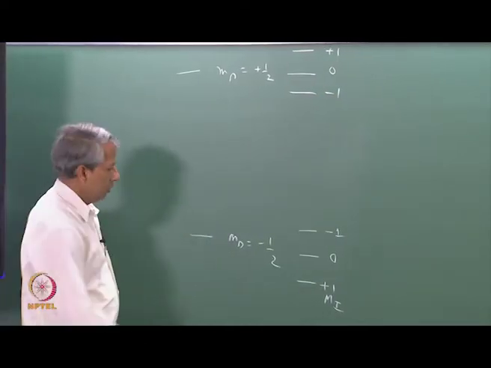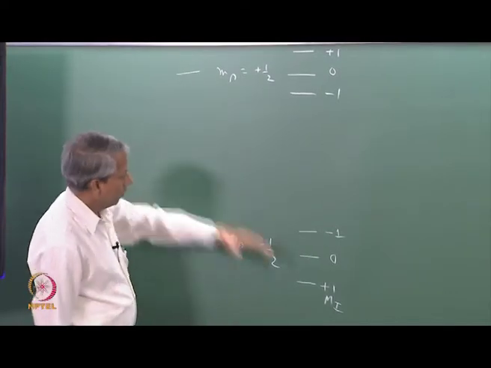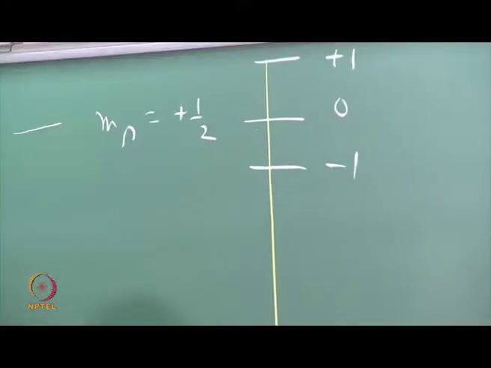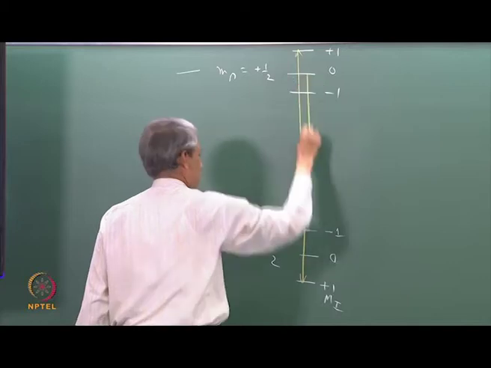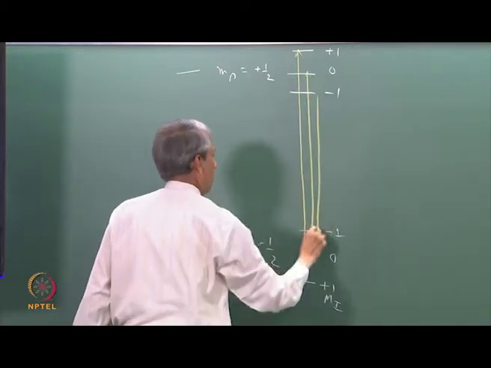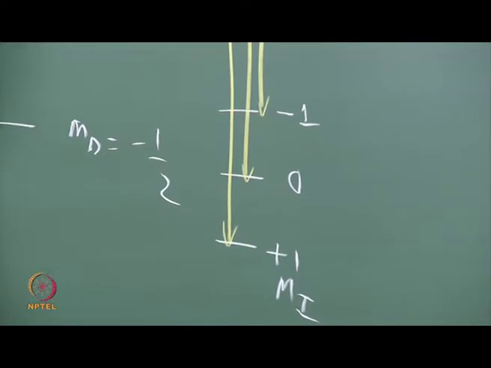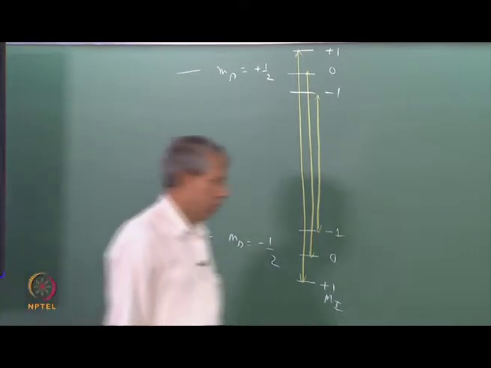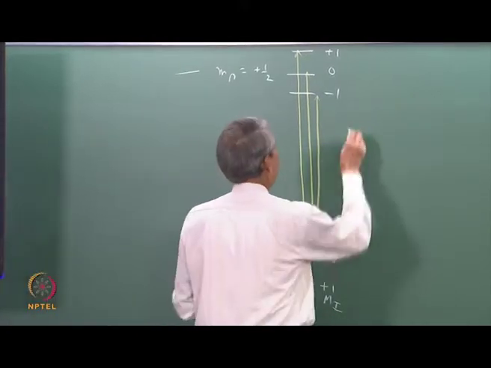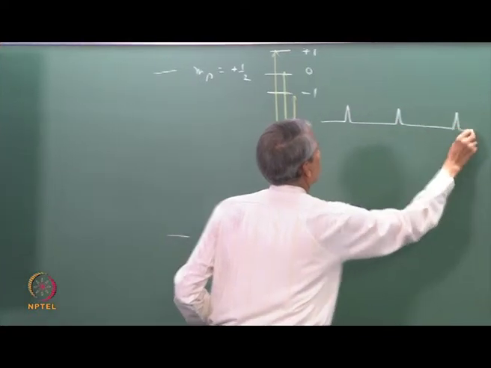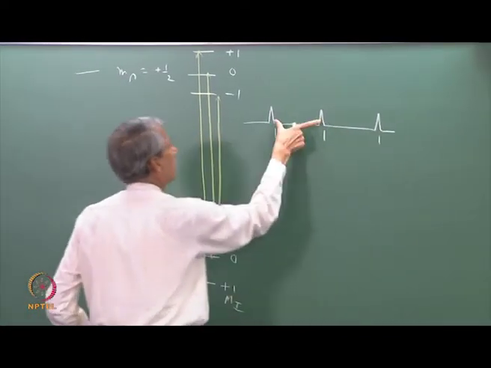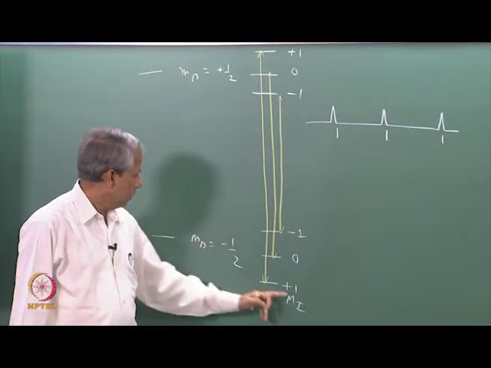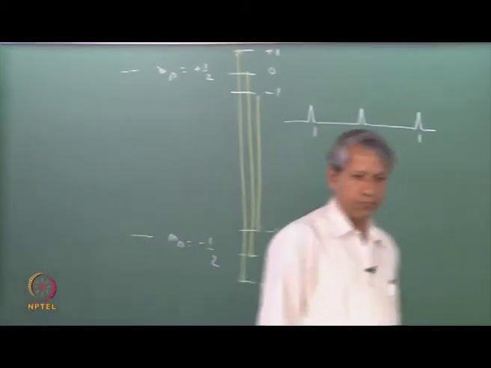And the transition involves the change of the electron spin from this to this without changing the nuclear spin. So, we get three transitions of this kind. Since all these three levels are almost equally populated, we get the spectrum with intensity ratio of 1:1:1, which appears in this fashion. This gap is the same as this gap, which is a measure of the interaction of the nuclear spin with the electron spin. All right.